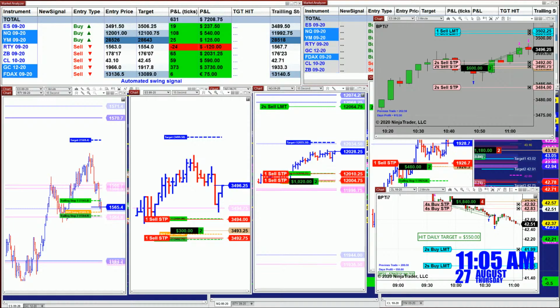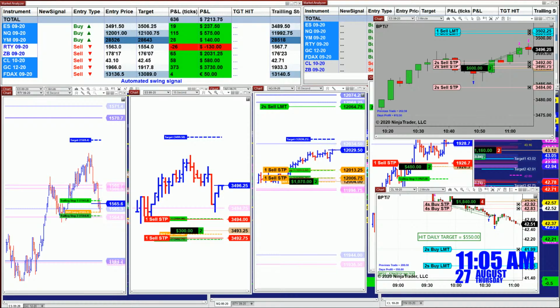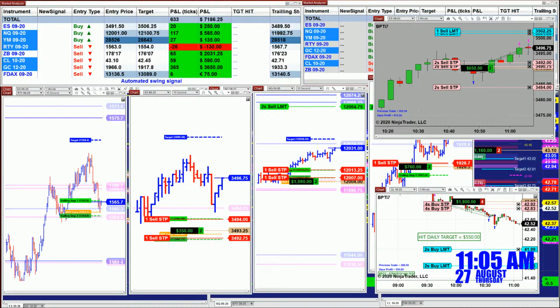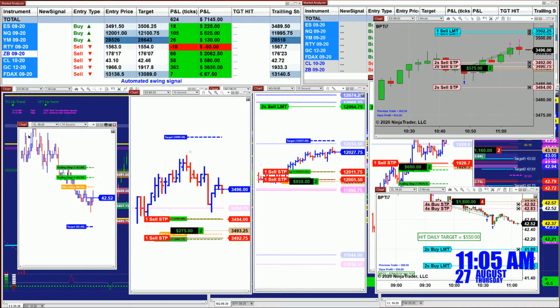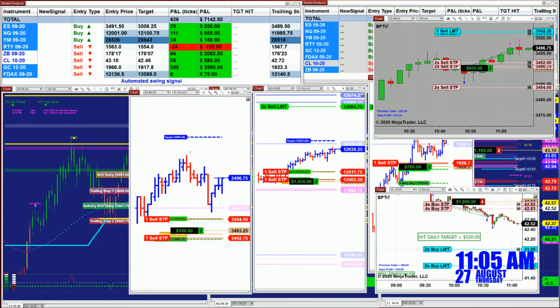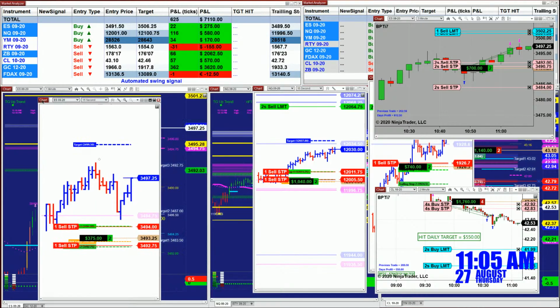So we are done with the Russell, and as we see, it's amazing. This is another $1,000 trade on the NASDAQ, and we are done with the Russell. Get it out of the way. The CL is done. We still have two charts to deal with.